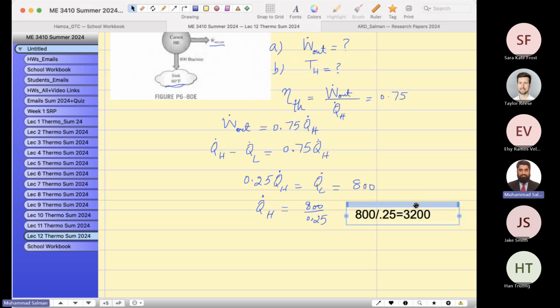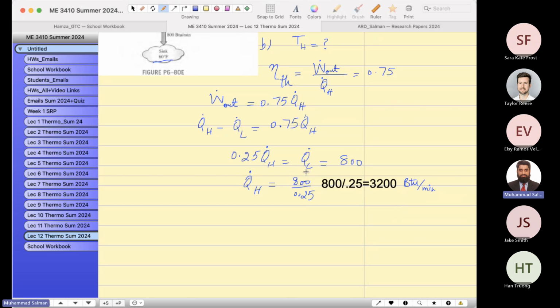It is about 3200 BTU per minute. So this is the heat coming from the source.